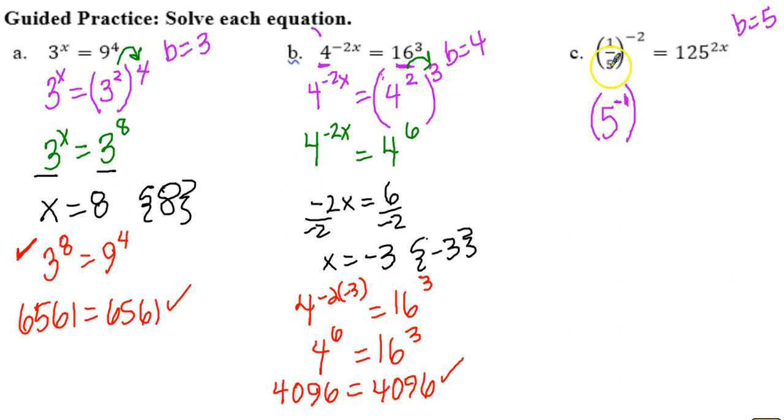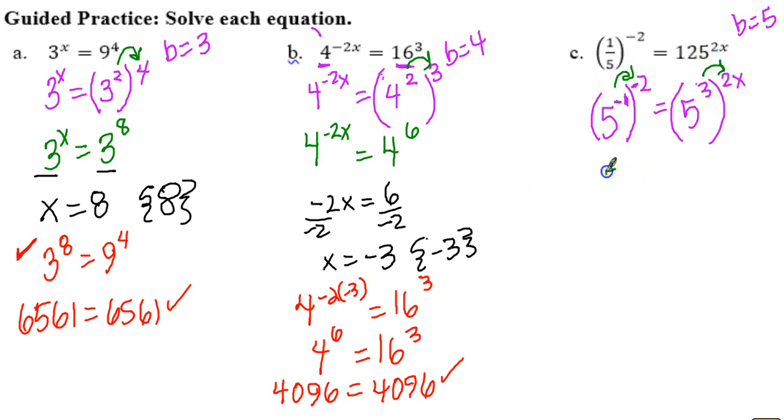5 to the negative 1 is the same as 1/5, to the negative 2 is equal to, and 125 is base 5 cubed, to the 2x. There you go. Beautiful. All right. And I think now we can apply our power rule. So I'm switching colors and I'm going to multiply.